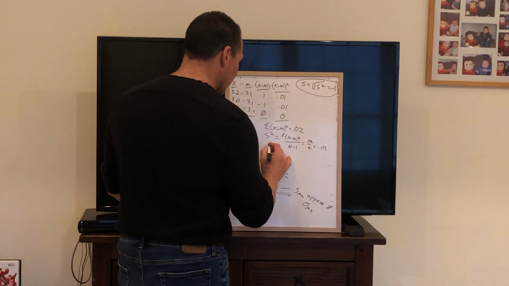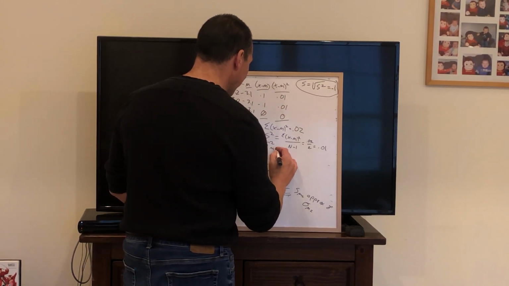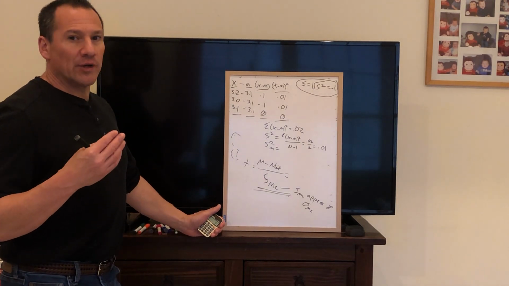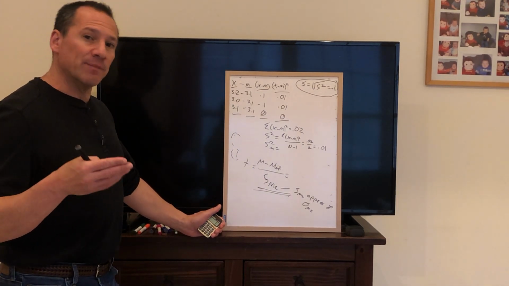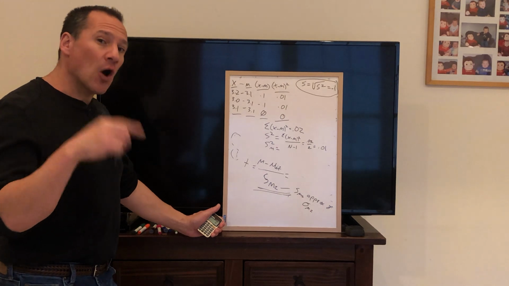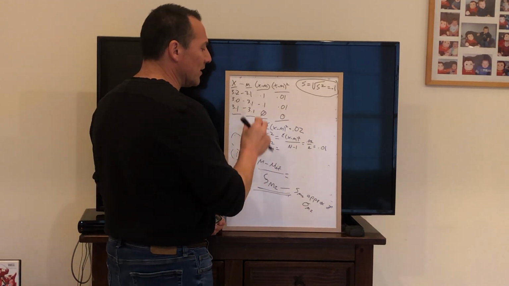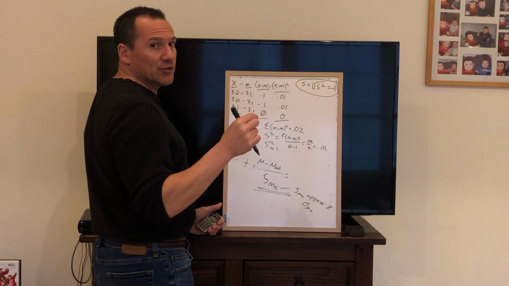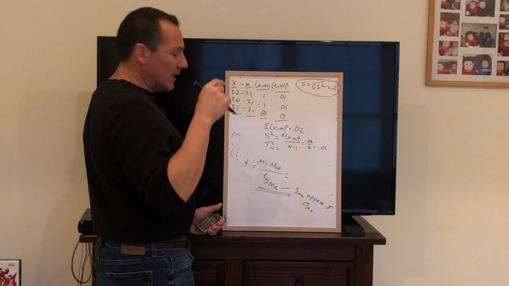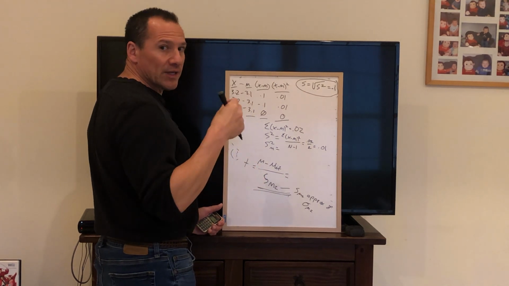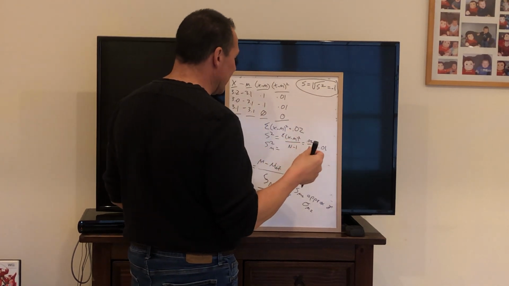But the next thing that we're going to compute is s squared sub M. Remember, once n is greater than 1, we're dealing with distributions of means, and t distributions are special versions of distributions of means. So the standard deviation of our t distribution is going to be s sub M, or s sub M sub 2, which is the standard deviation of a distribution of means.